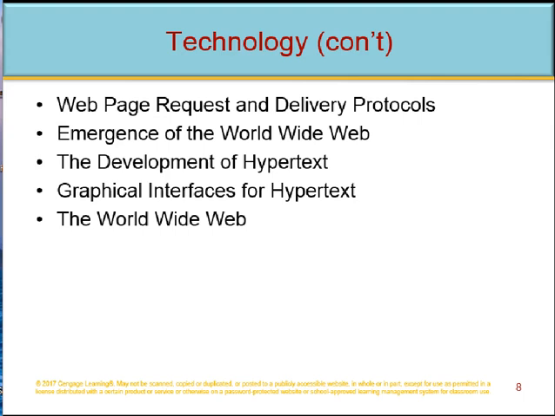The web resulted from new ways of thinking about information storage and retrieval. The key technological web elements are hypertext and graphical user interfaces. Some of the history of the hypertext and how it developed.